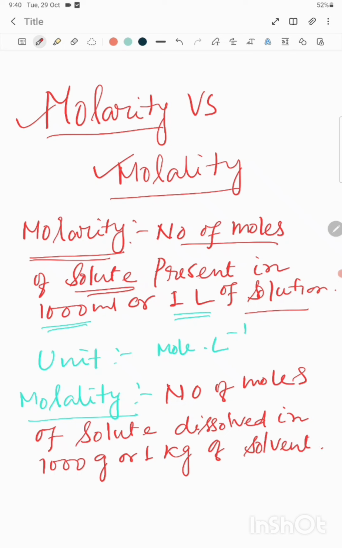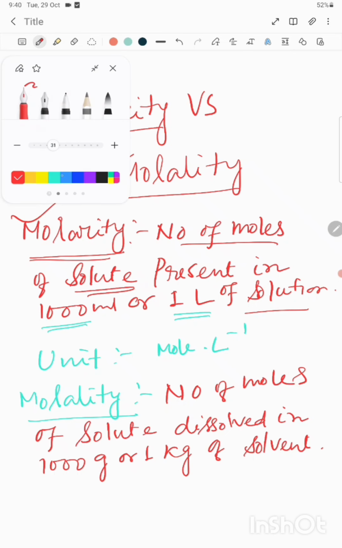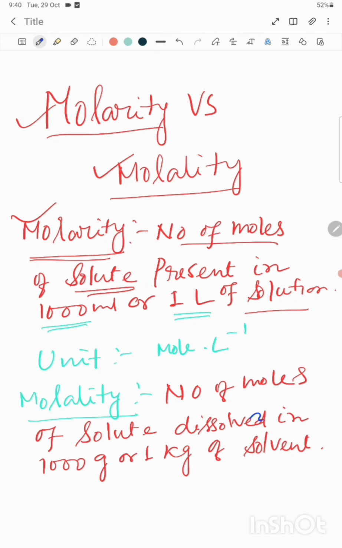Let's see. Number of moles of solute is similar in both cases, but here it is in 1000 ml or 1 liter of solution in case of molarity. But in case of molality, number of moles of solute dissolved in 1000 gram or 1 kg of solvent.